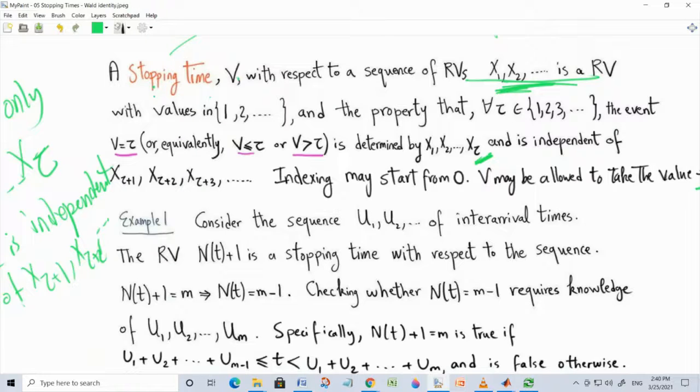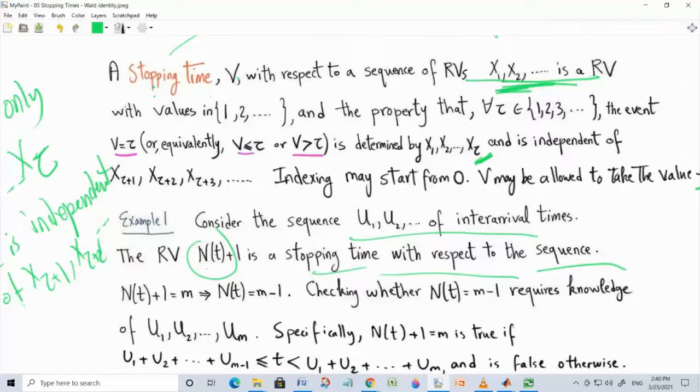In a renewal process, what is the infinite sequence of random variables? It is the sequence of inter-arrival times. And then what can be a stopping time? Claim: N of t plus 1 is a stopping time with respect to the sequence of inter-arrival times.